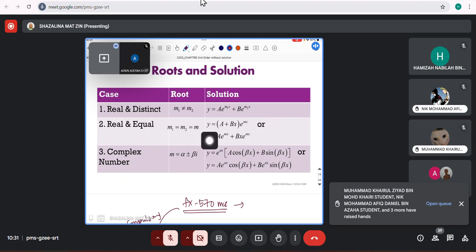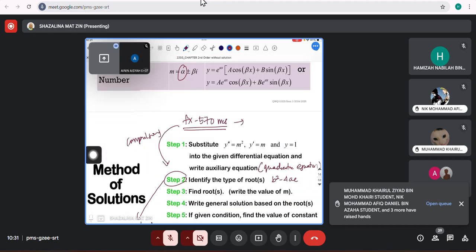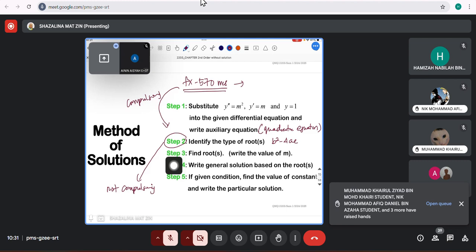It will give only one value, the alpha value, for complex number root. Suppose it is complex number root, but you will assume that it is real and equal. So please calculate first before continuing with step number 3.